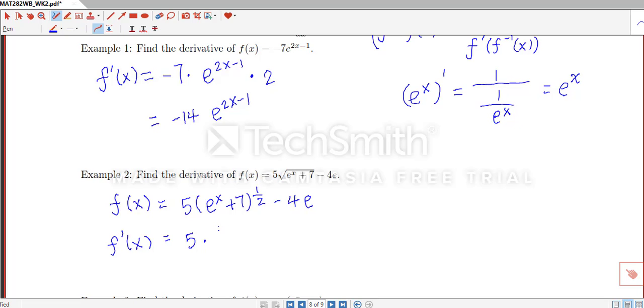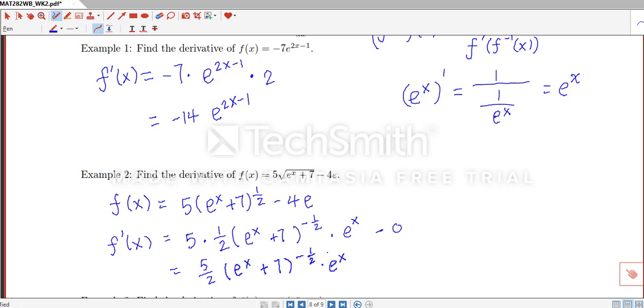Power rule, power comes down, power decreased by 1, evaluated at the inner function, times the derivative of the inner function. e to the x power is its own derivative, plus 7, derivative of a constant is 0. Subtract the derivative of 4e, but 4 times e is a constant, so we get 0. To simplify, we get 5 over 2 times e to the x plus 7 to the negative 1/2 power times e to the x. And that is the derivative in example number 2.